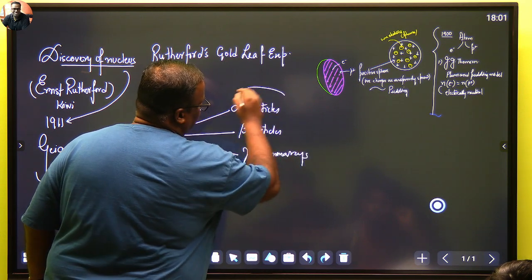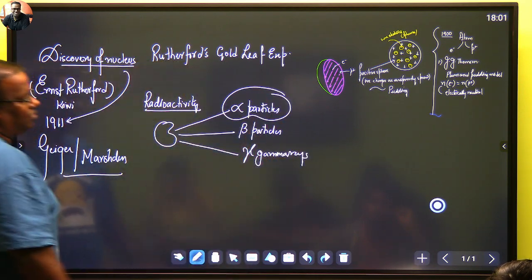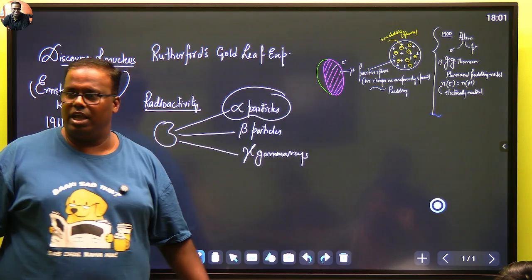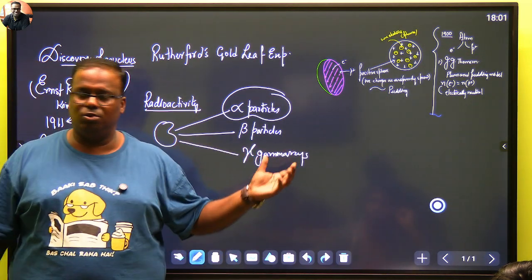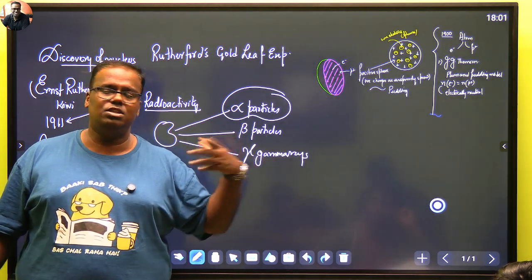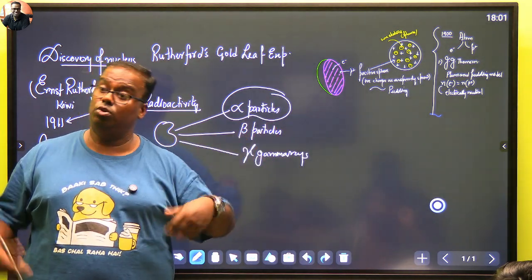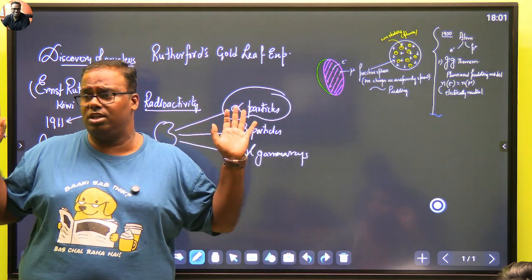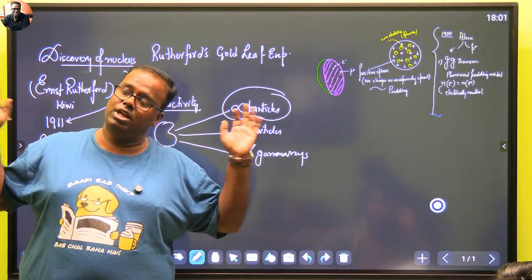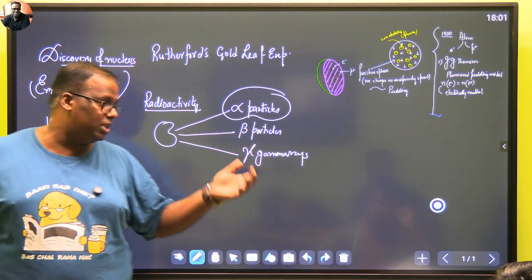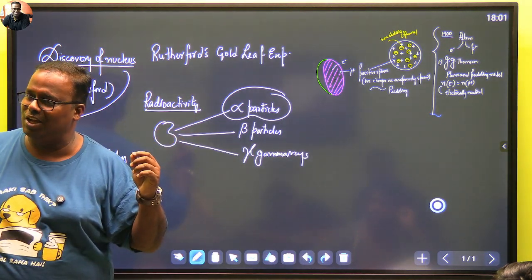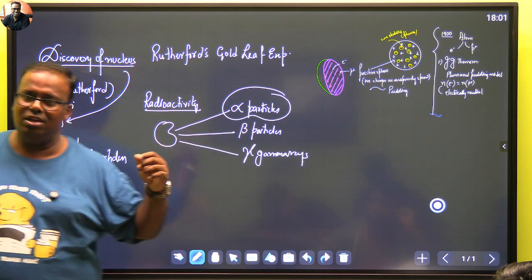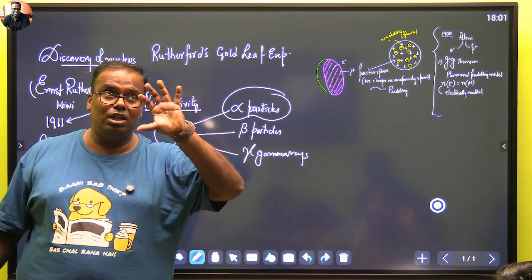Our interest is in the alpha particle. Radioactivity is the process in which there is spontaneous emission of invisible radiation. It keeps emitting, you don't need to do anything, and radioactive decay keeps happening. These are not the chemical reactions that you are studying now. In all the chemical reactions you studied, electrons took part.